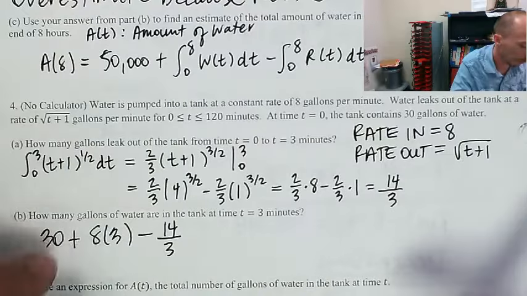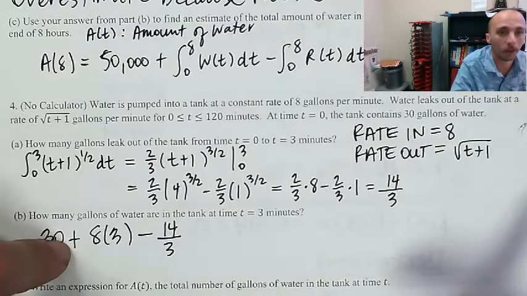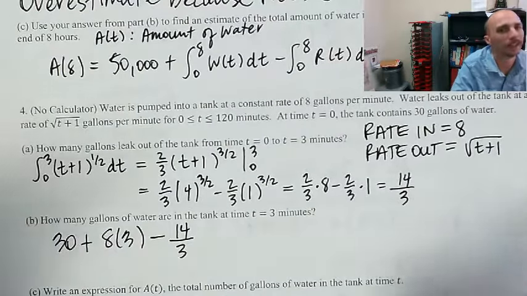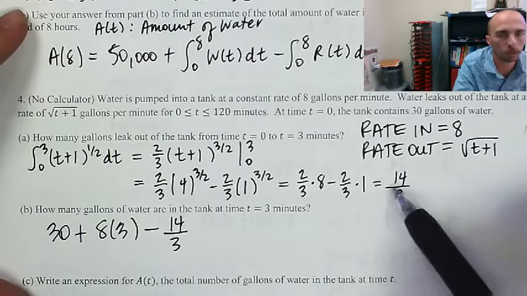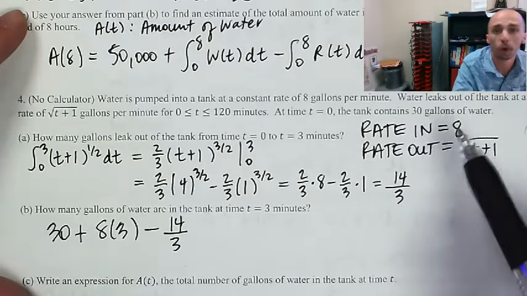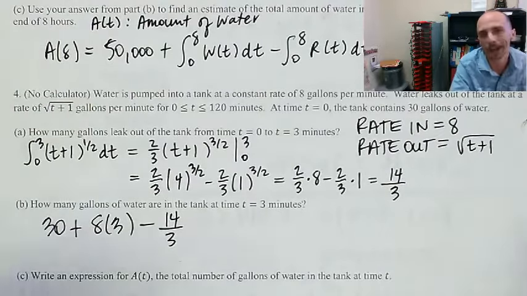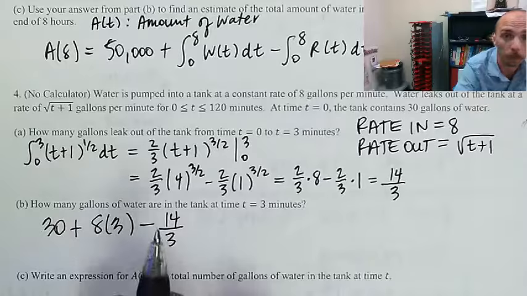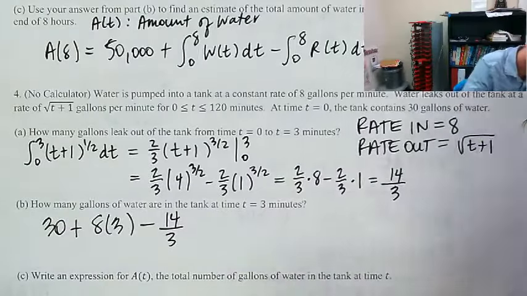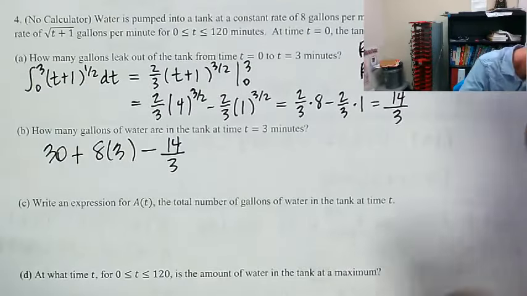Because it's the starting amount plus the integral of rate in minus rate out. But in this situation, we just did the work for the total out. Total in is just multiplication if rate in is constant. So we don't need to actually integrate, even though that is what we were doing. We were finding areas under curves. We just weren't thinking about it like that.